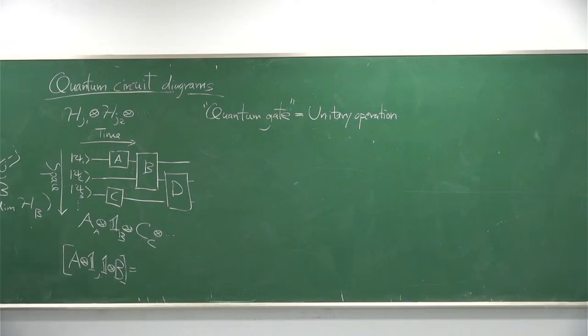But then if you go to 2 qubit gates, unitary operations that can act on 2 qubits at the same time, then the complexity kind of blows up there. I think you have like 15 parameters.